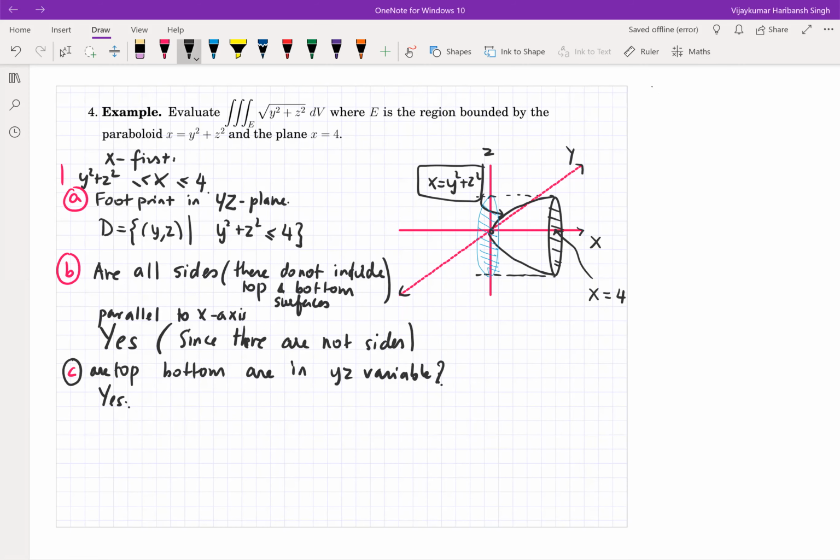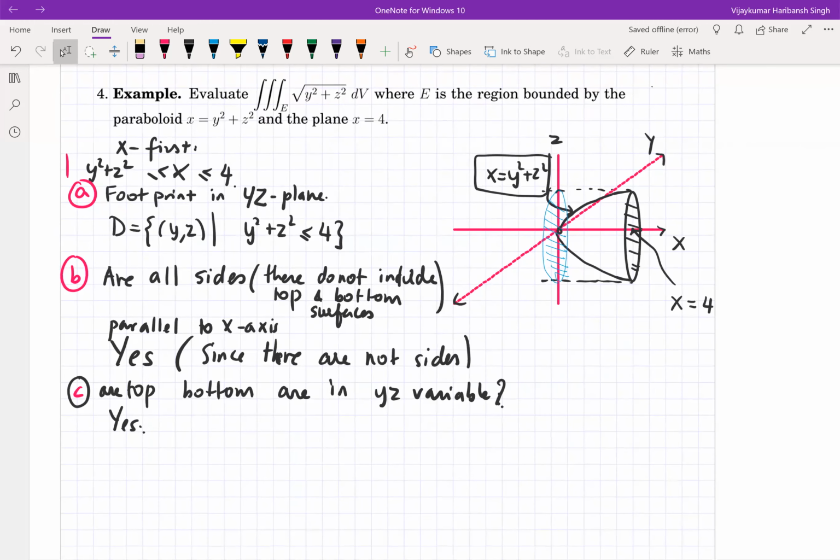So let's proceed to write down the integral. My integral I is again over region D, which we have written on top there, of the first variable. So first is with respect to x, from the bottom surface, which is y squared plus z squared, to 4, and then dA.